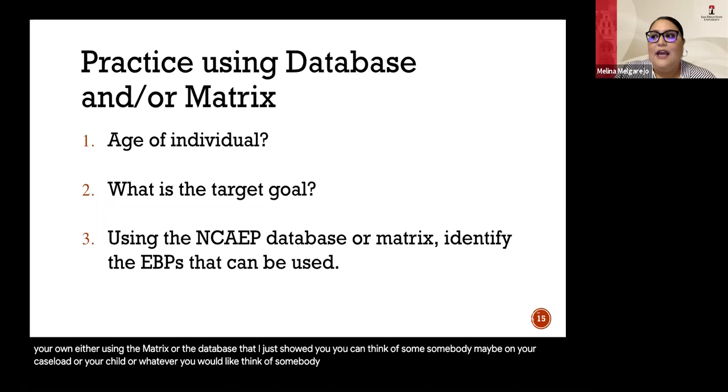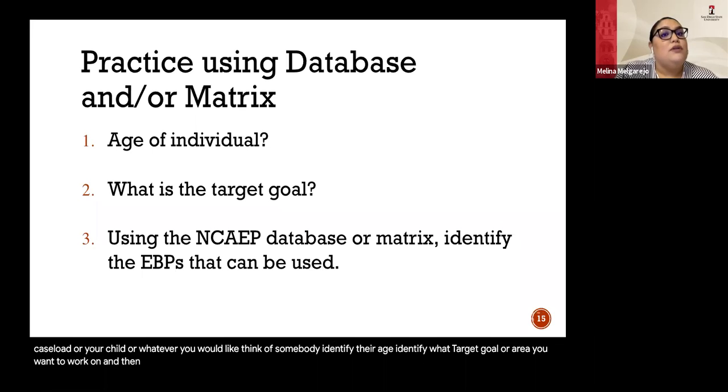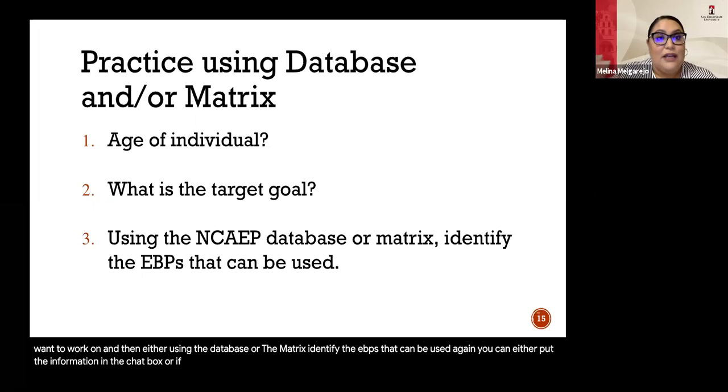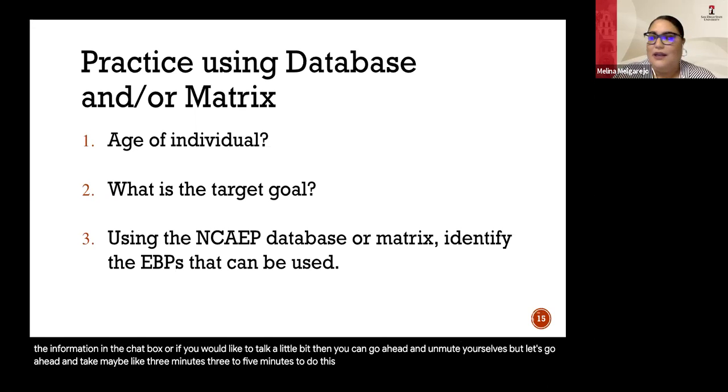Think of somebody, identify their age, identify what target goal or area you want to work on, and then either using the database or the matrix, identify the EBPs that can be used. Again, you can either put the information in the chat box, or if you would like to talk a little bit, then you can go ahead and unmute yourselves. But let's go ahead and take maybe 3 to 5 minutes to do this.